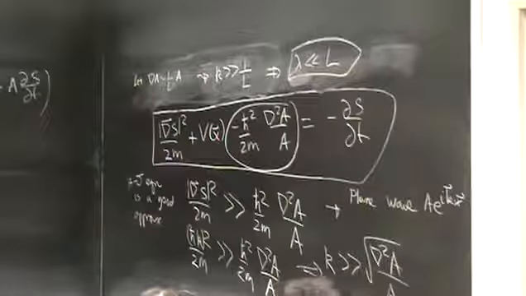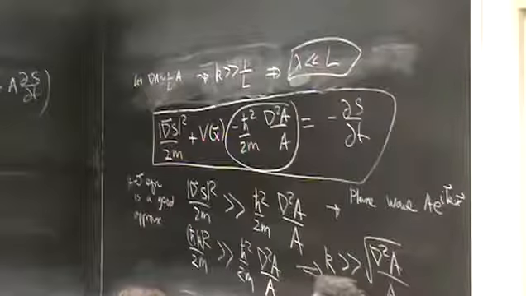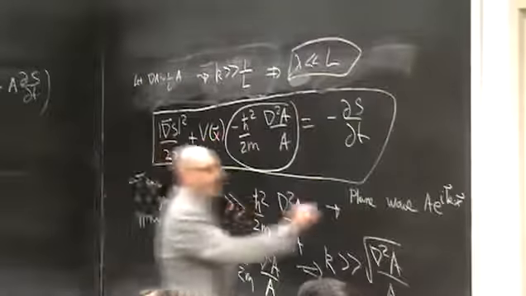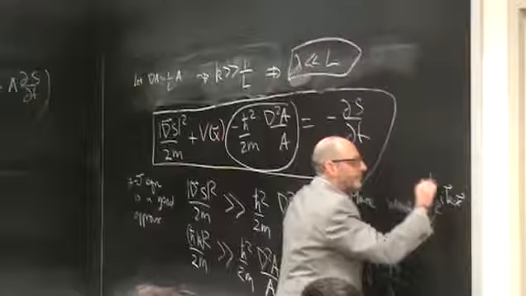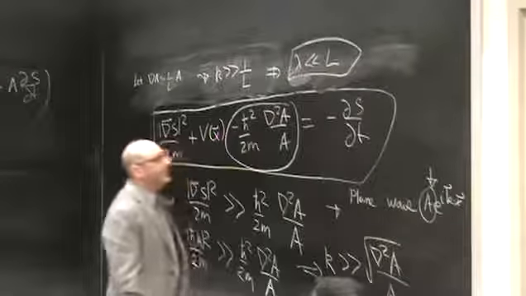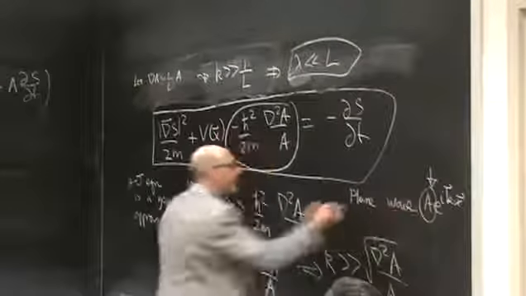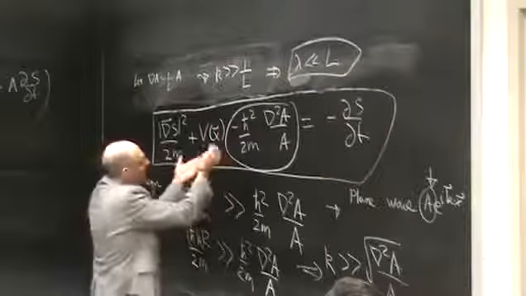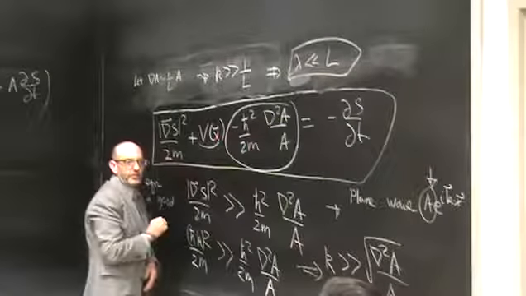Yeah? Can you describe the length again? So the length scale is saying something about the scale over which this amplitude is changing. So in some sense what that length scale is telling us, that amplitude is changing because it's not really a free particle, it's in a potential.